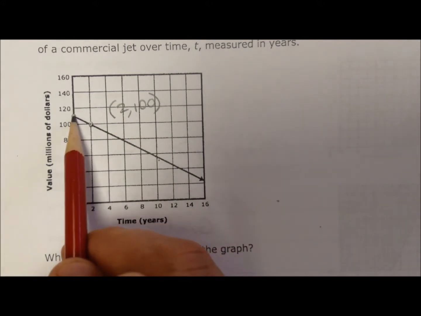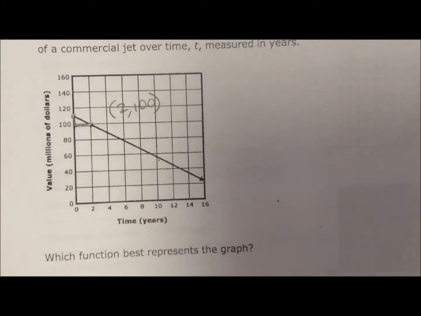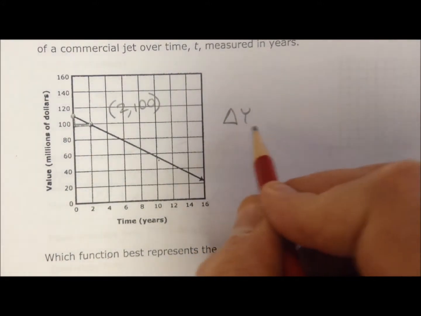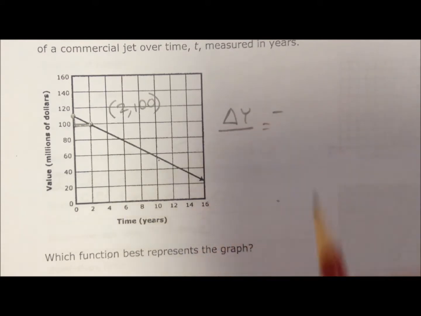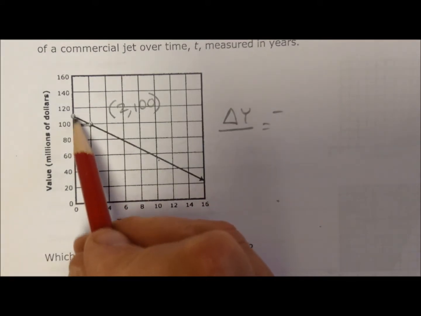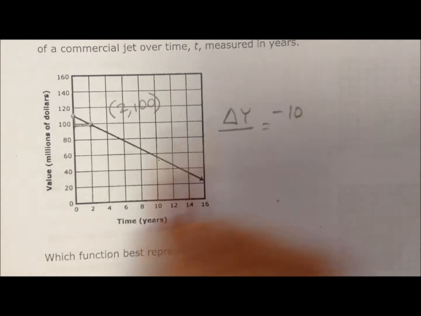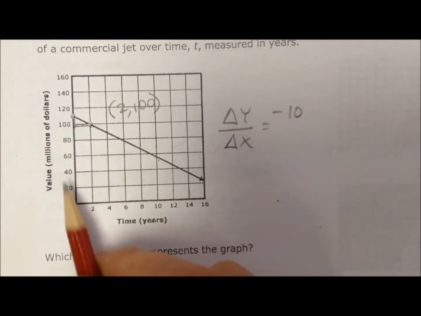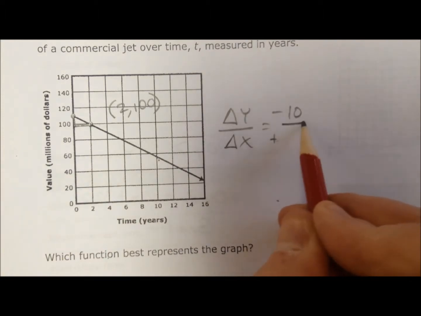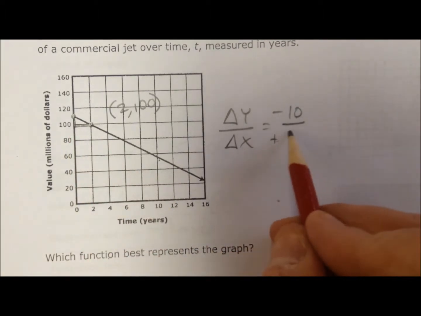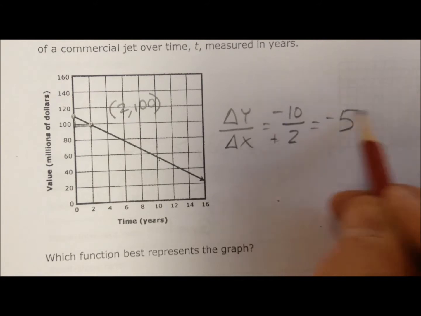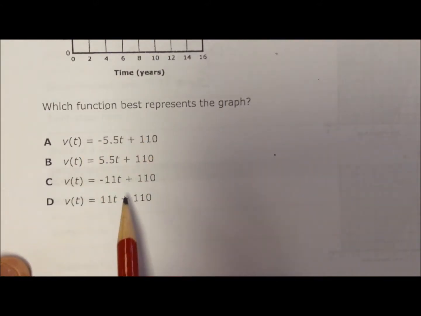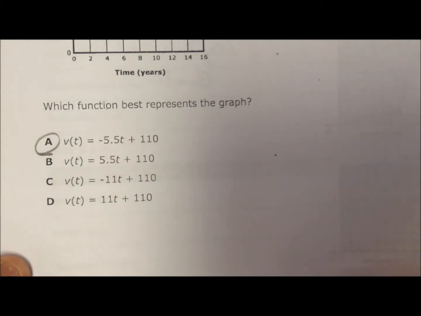So if I do a slope triangle right here, my delta y is going down, so that will be negative. I go down 10 units to every delta x, which is to the right, so that's positive, and I go to the right 2, and that's going to be approximately a -5 slope. The one closest to a -5 slope is A.